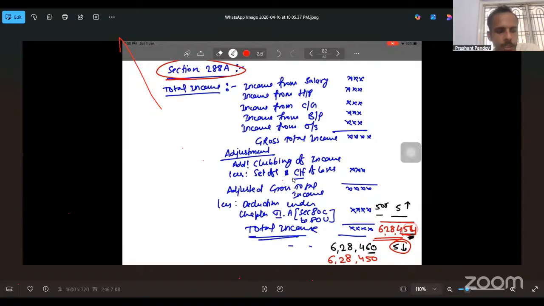This is one who stays a minimum of 9 out of the last 10 years, or equal to or more than 729 days in the last 7 years. He is considered resident but not ordinary resident.